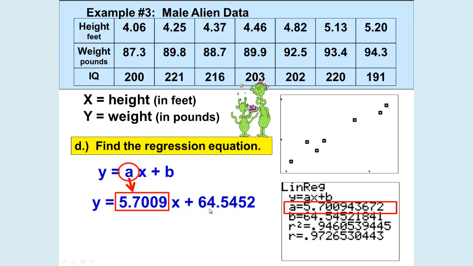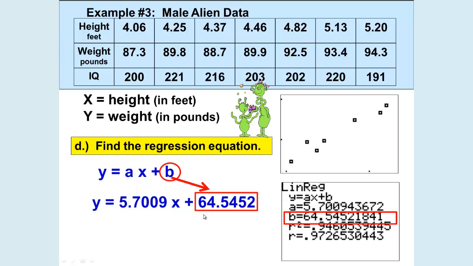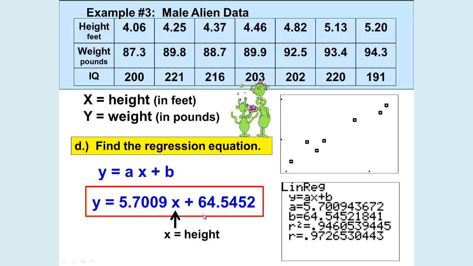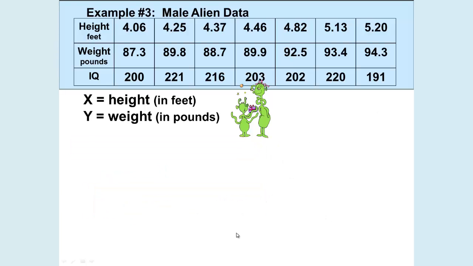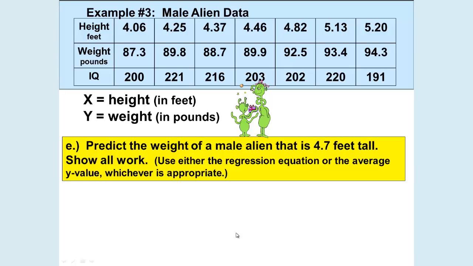That gives us our a and our b, and that's where we got that information. That's the height and that's the weight. We skipped earlier the decision of why it was appropriate to use this equation to make a prediction.